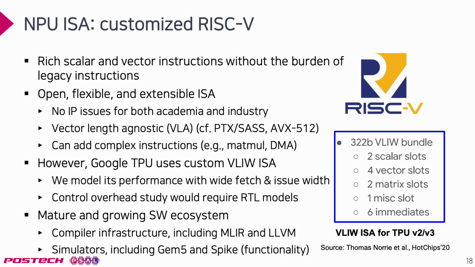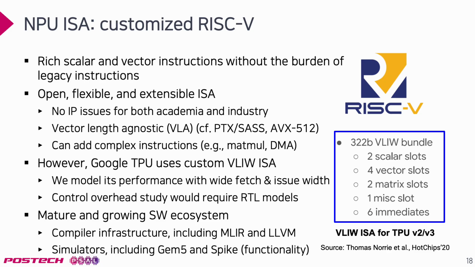And our choice is using a wide but in-order superscalar pipeline to model the VLIW pipeline. Of course, this is very different from a real VLIW pipeline. However, the major difference comes from the circuit-level complexity, which is not the target of our model. So we are not trying to model the circuit-level complexity.